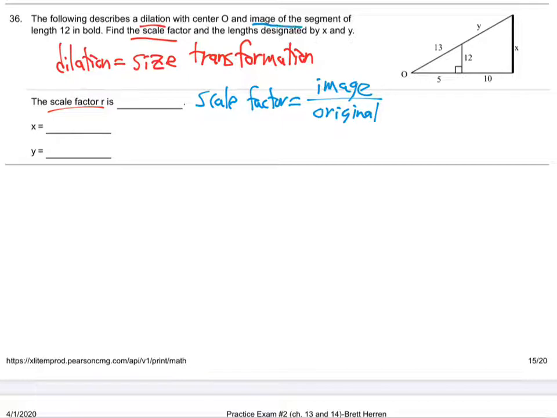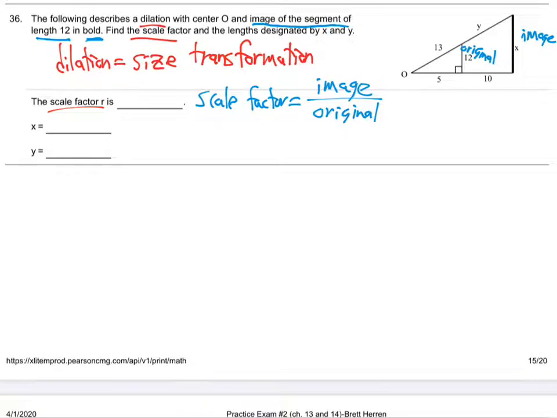Image of the segment of length 12 in bold. So here's the original, and the image is in bold, so this is the image. Right? You see that? This is the original.